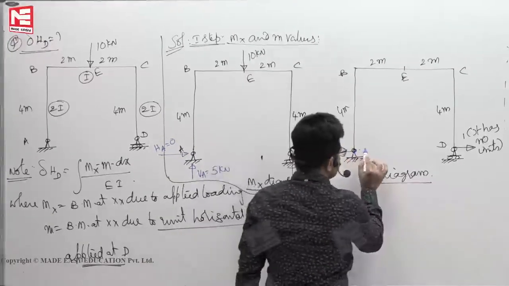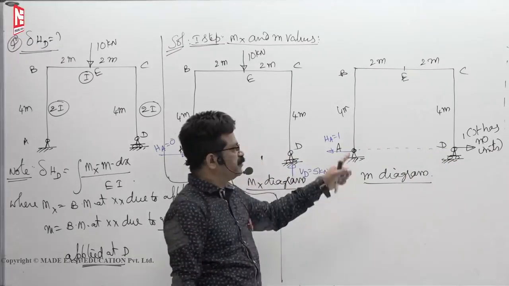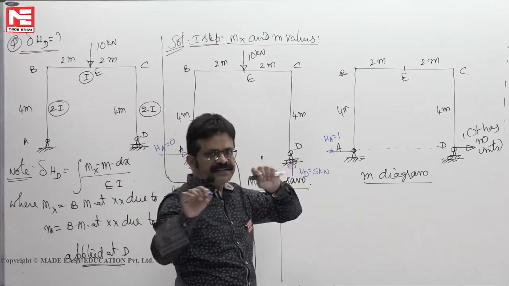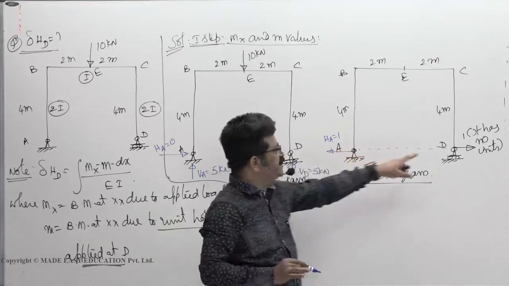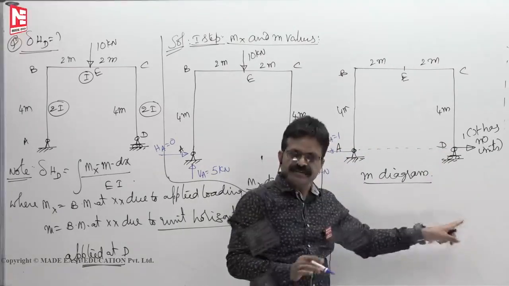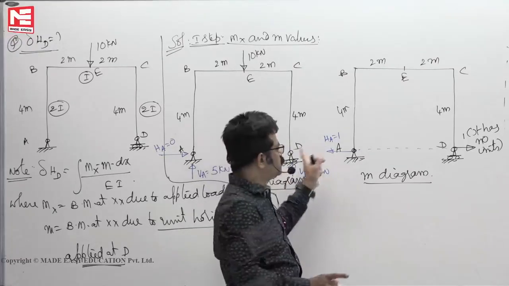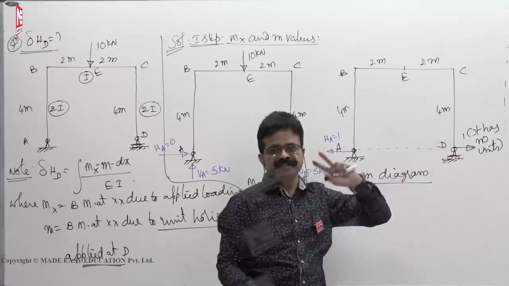Now because sigma x = 0 happened, because A and D are at the same level, the action and reaction together will not form any couple. If A is here, D is somewhere here, say, then 1 and 1 will be there, but those two will form a couple. And so, to balance that anti-clockwise couple, a clockwise couple in the form of VA and VD will develop.